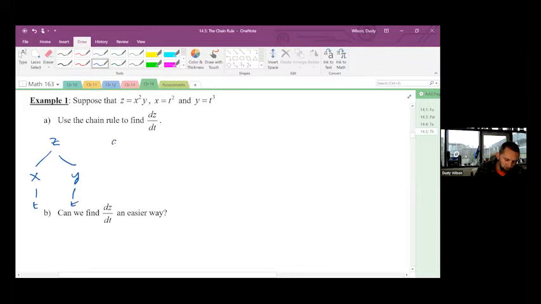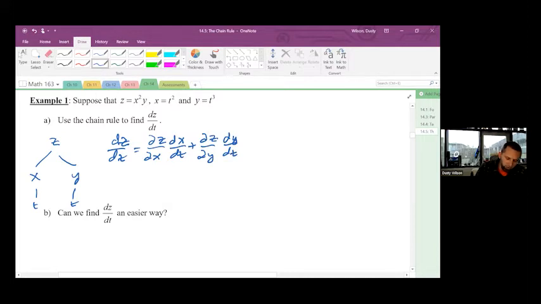And so we know that dz dt will equal the partial of z with respect to x times dx dt plus the partial of z with respect to y times dy dt.